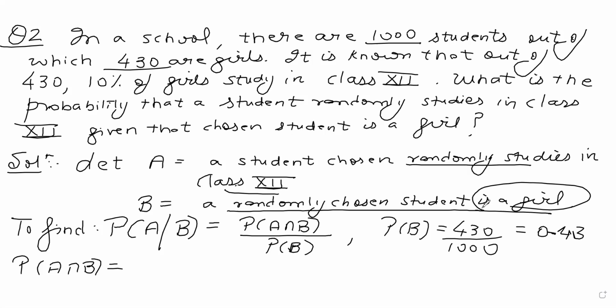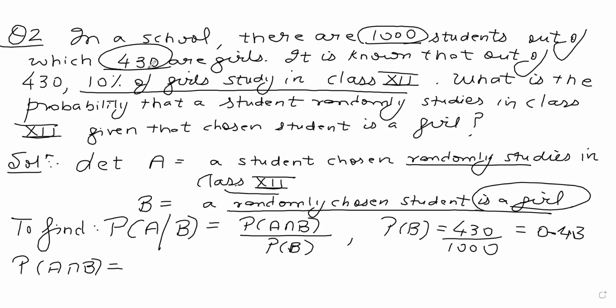Now, how will I find out probability of A intersection B? If you carefully look at the question, it is given that 10% of the girls study in class 12. Now, in totality, how many girls are there? Out of 1000 students, we have 430 girls.